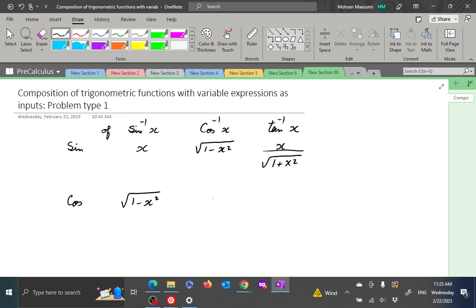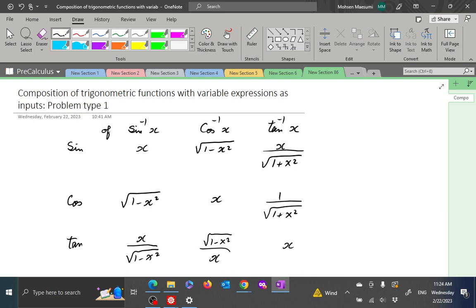Cosine of cosine inverse of x is just x. Cosine of tangent inverse of x is 1 over radical 1 plus x squared. If you want to apply tangent, tangent of sine inverse of x is going to be x over radical 1 minus x squared, and this one is going to be radical 1 minus x squared over x, and tangent of tangent inverse of x is just x.